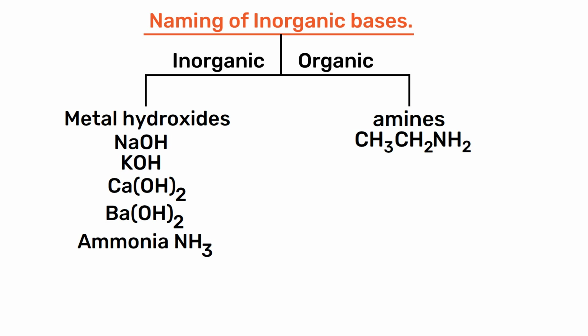Ammonia is also a base, even though it does not have hydroxide in it. Some metal oxides show basic properties, not all. For example, magnesium oxide and potassium oxide.